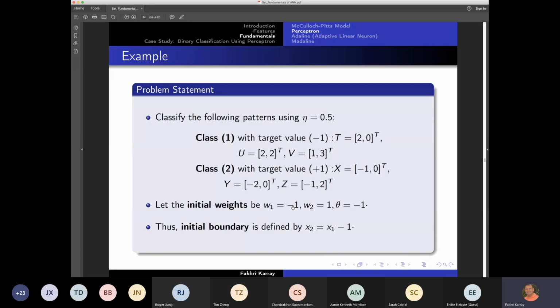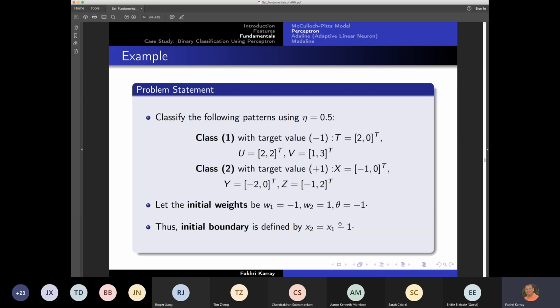Usually they are random variables. And theta is equal to -1. Also, it cannot be selected smaller than -1 or higher in absolute value. So the initial boundary, as you can see, utilizes these particular parameters, which were taken as random values, -1, 1. So we have selected -1, 1. This could be +1.